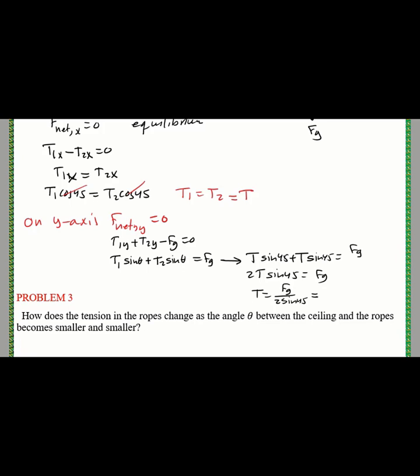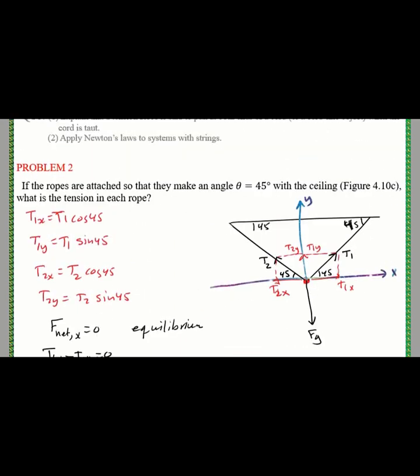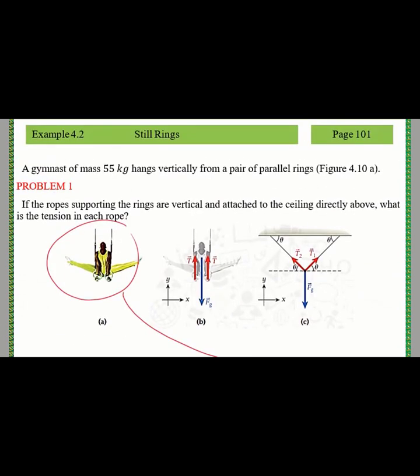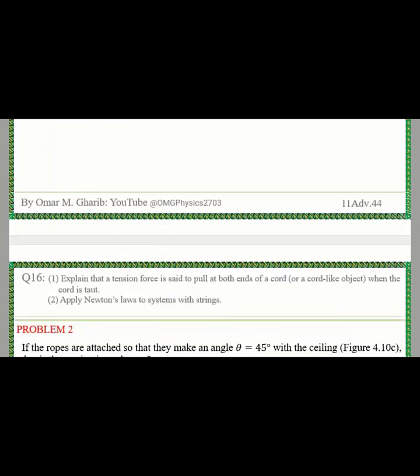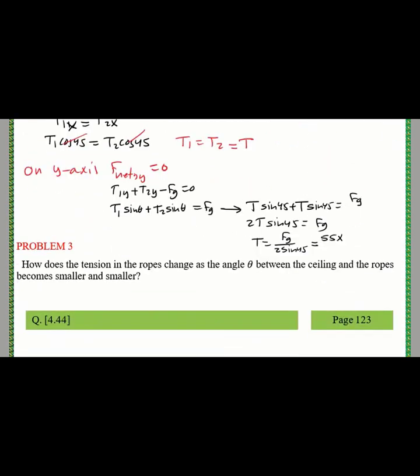Fg is mg, which is 55 times g, 9.8, over 2 sine 45.